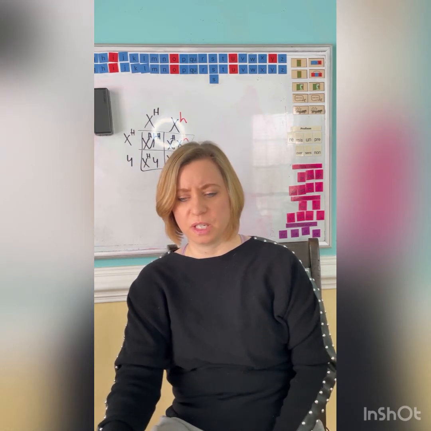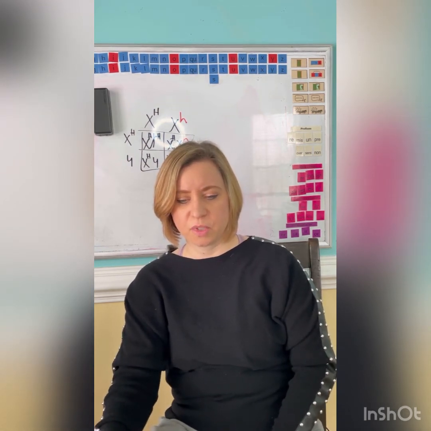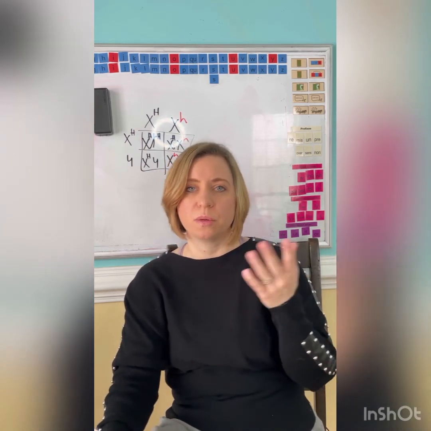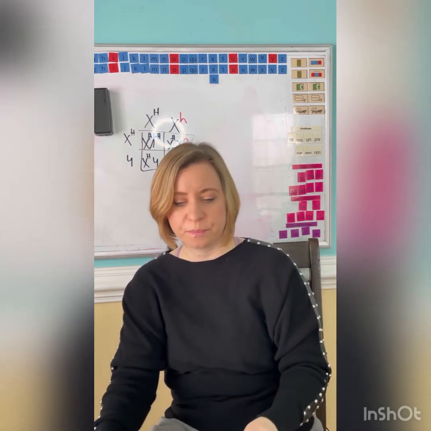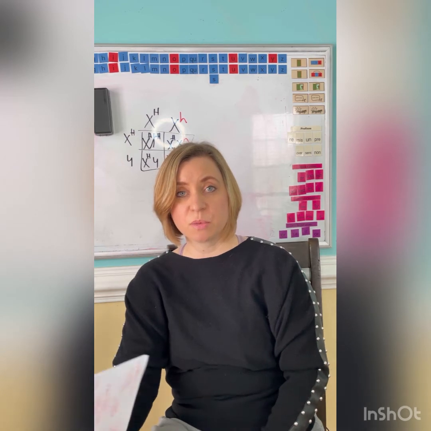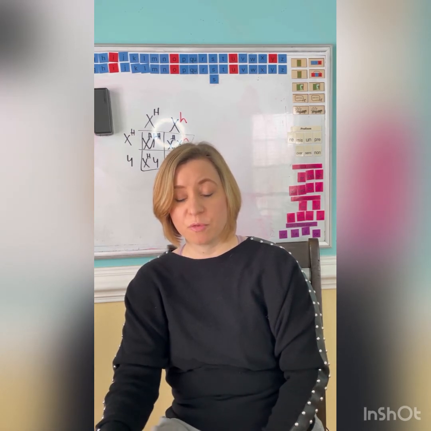I think height is also probably one of these polygenic inheritance traits. There's a lot of different genes that are acting together to form whatever trait you have. We have a situation called incomplete dominance, which is a mixing of traits. Now this is most vividly seen in flower colors.